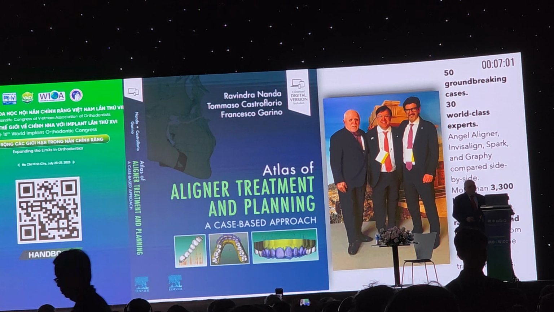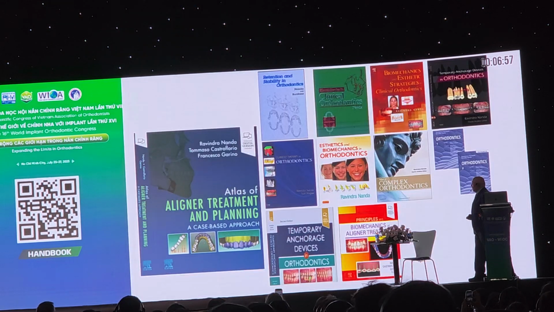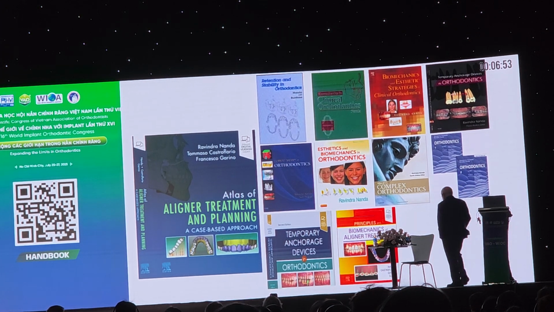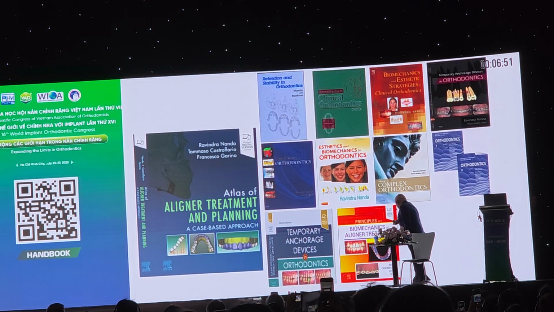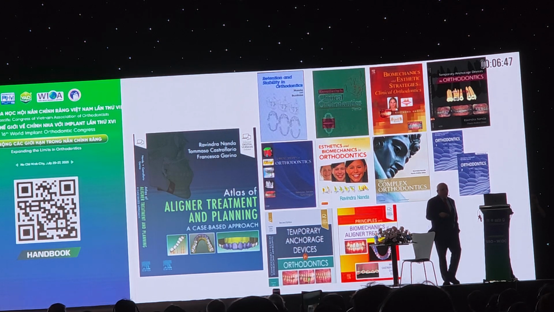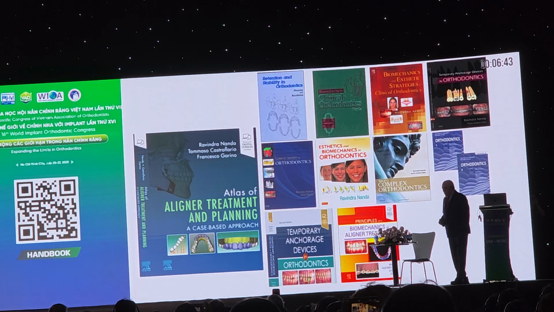In this one we talk about all sorts of aligners, and you will see some of my books. This was another book we did, and we are going to be doing a 2nd edition, because this is an ever-changing field in orthodontics.